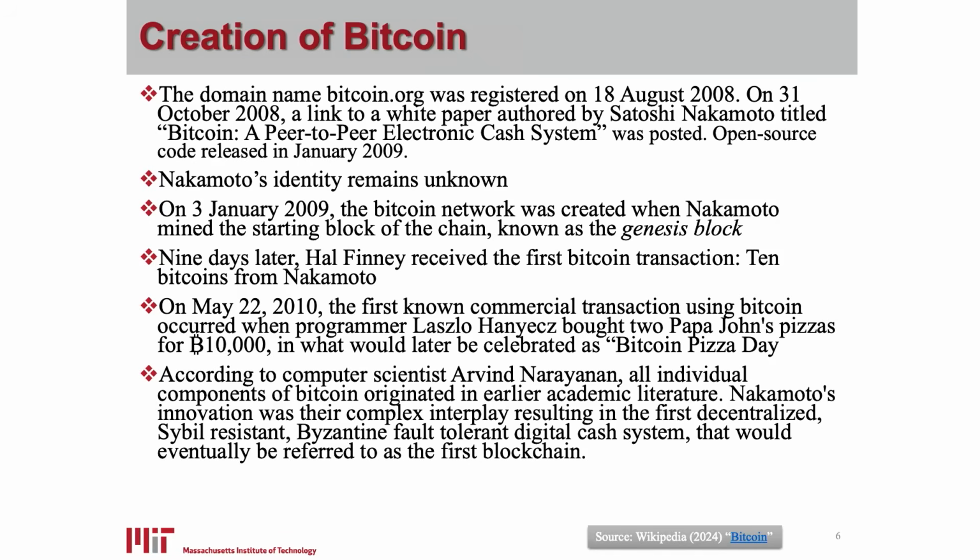And a summary of sorts. Arvind Narayanan, a computer scientist at Princeton, is saying that all the individual components of Bitcoin originated in earlier literature. There's really nothing original about each of the pieces, but their complex interplay resulted in this Bitcoin, the first decentralized, Sybil-resistant, Byzantine fault-tolerant digital cash system.